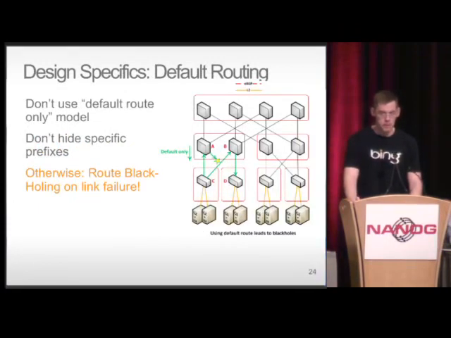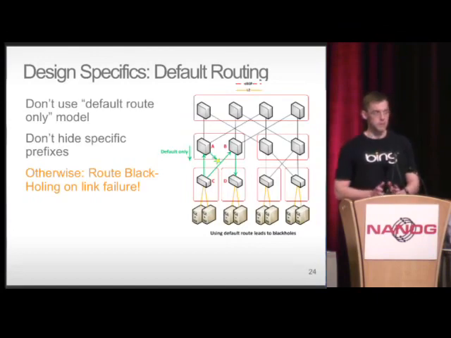We only have a few minutes left, but let me point out a few very specific design features we ran into. First of all, you cannot do summarization in this design. In other words, you cannot summarize server subnets. The reason is, if you do this, you can easily run into black hole scenarios. Let's take the first specific summarization case, default routing.